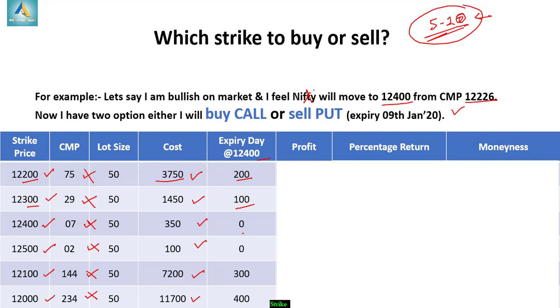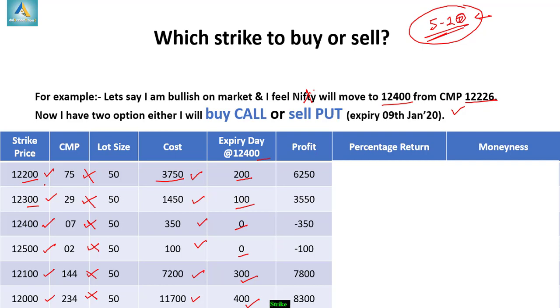Though 12,400 will be at the money, it does not have any intrinsic value and time value is already 0, so the price will be 0, and 12,500 will also become 0. 12,100 is in the money, so the price will be around 300, and for 12,000 the price will be around 400. So what will be my profits, since I have bought one lot of any of these strike prices?